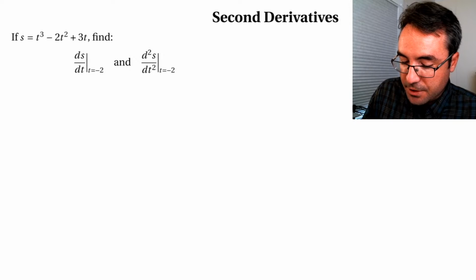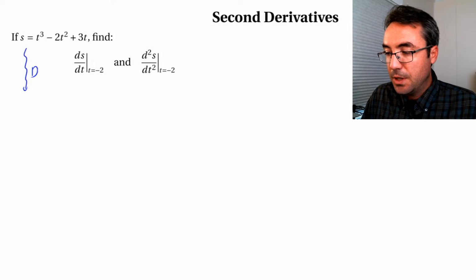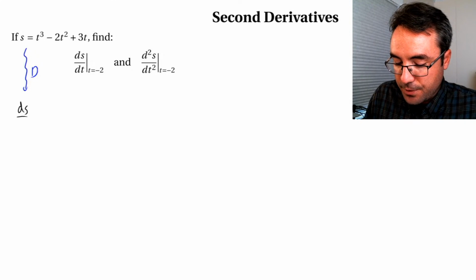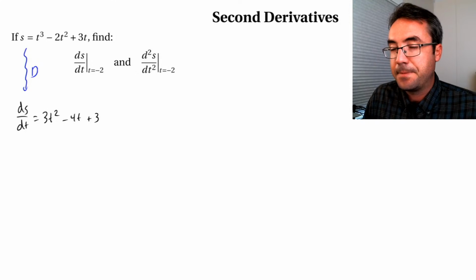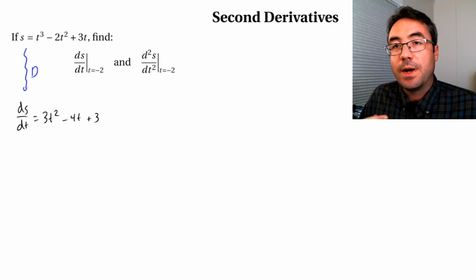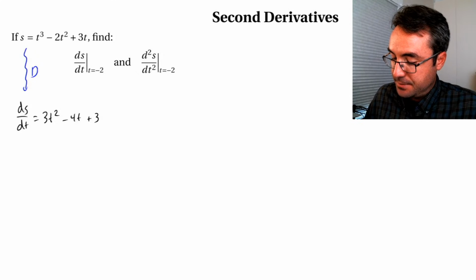And then we're going to evaluate those. So we have our function. We're going to differentiate. So that's going to give us our first derivative, which is 3t squared minus 4t plus 3. We want to calculate the second derivative of this, so we just do it again.